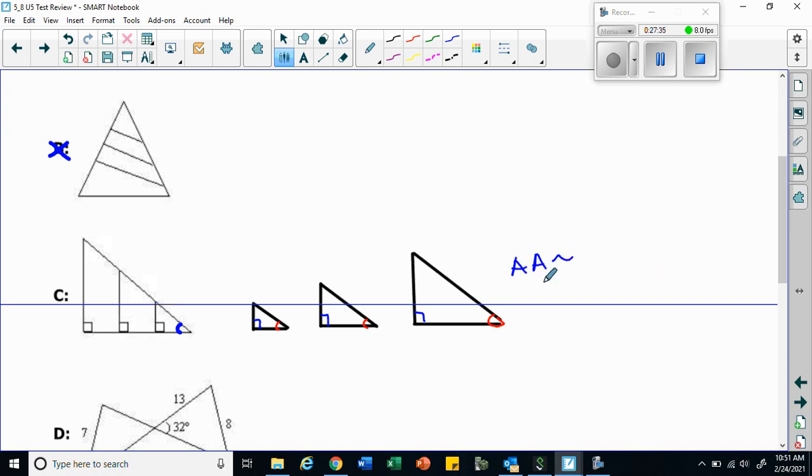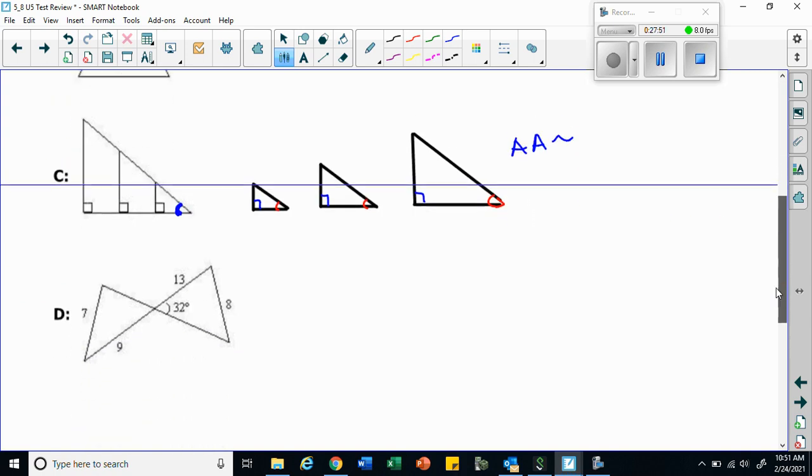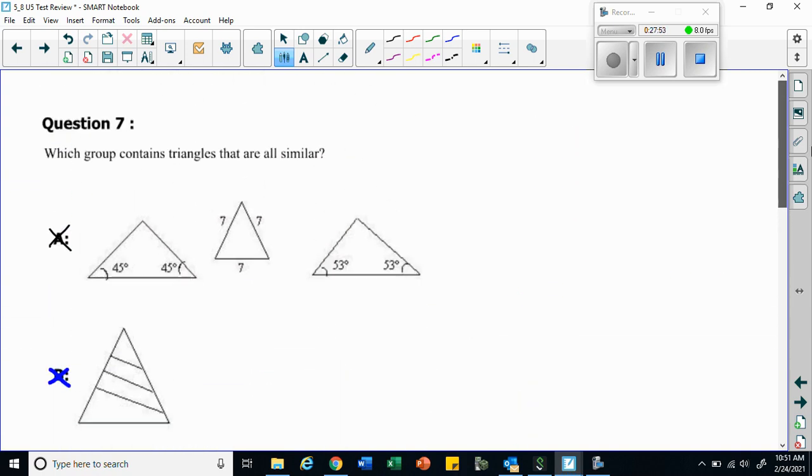Do you guys see that? It's hard to see it when it's all in one. It's easier to see it when they're separated. And each one of these triangles share this tip angle. All of them are the same. All right? So the answer here would be C.